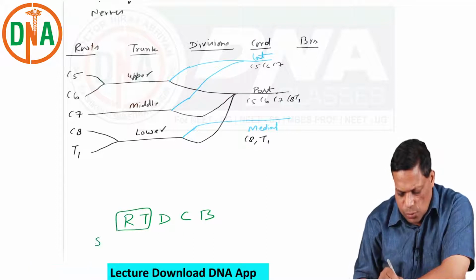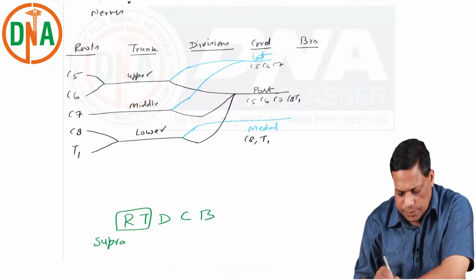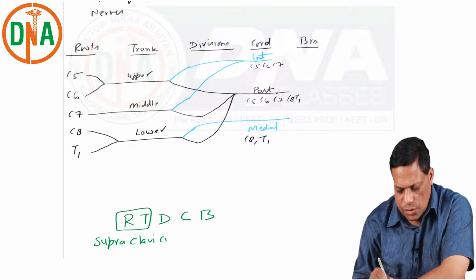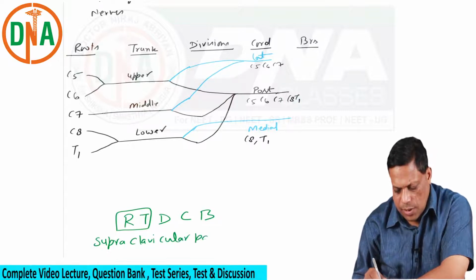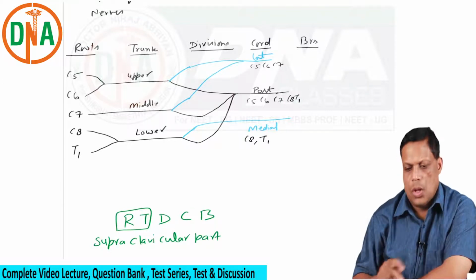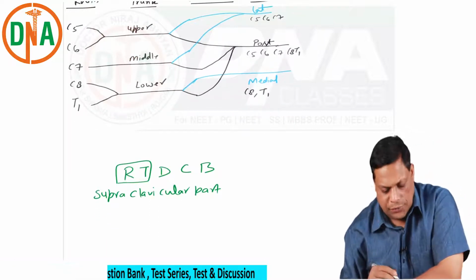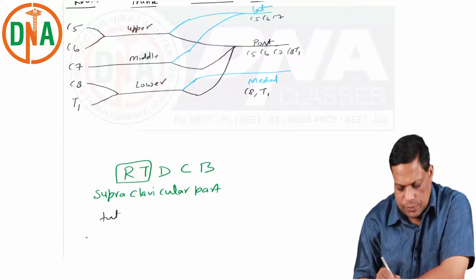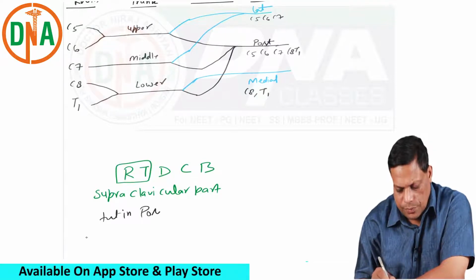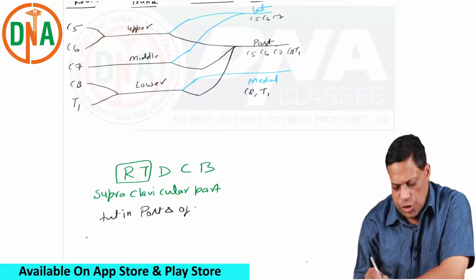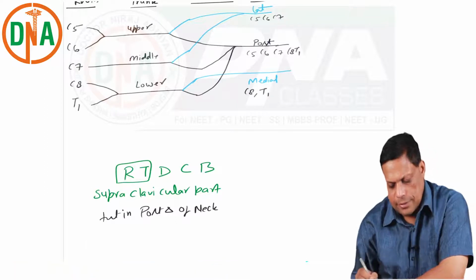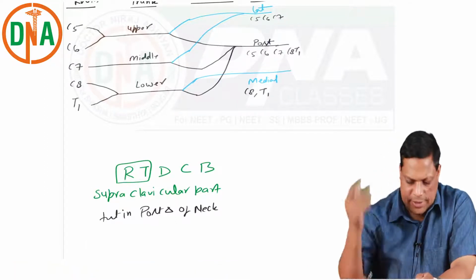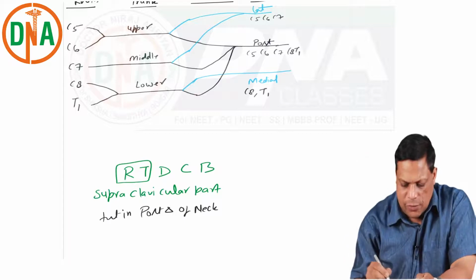This is the supraclavicular part of the brachial plexus. It is present in posterior triangle of neck. It is coming from the neck. Then D for division.